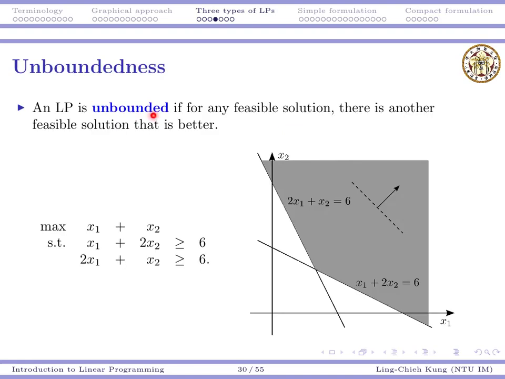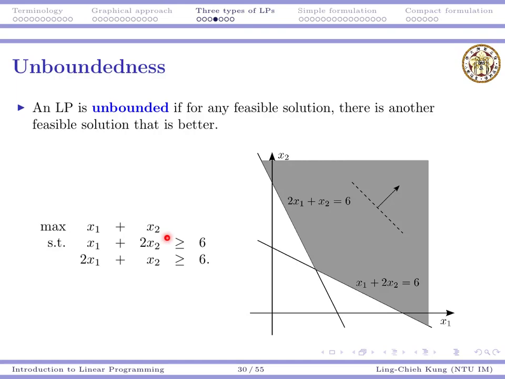A linear program may be unbounded if the following happens. For any feasible solution, there is another feasible solution that is better. Consider this example. There are two constraints, so the feasible region is the right hand side part, and it goes to infinity. Also we want to maximize x1 plus x2, so it's definitely true that given any solution, there is a better solution as long as you make x1 and x2 larger.